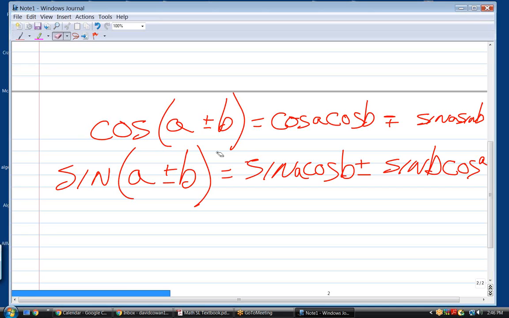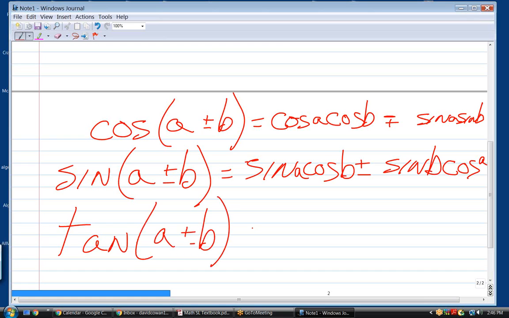Now, the tangent one. This was the hardest one for me, but it really shouldn't be. It's actually pretty easy to remember.